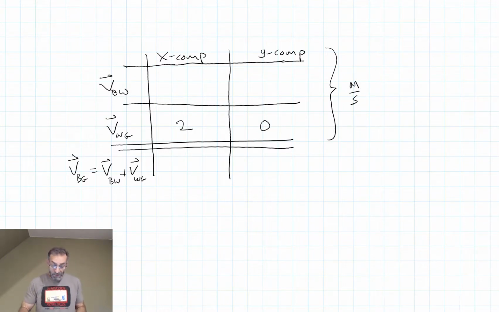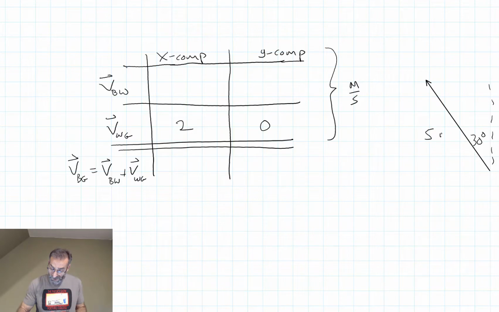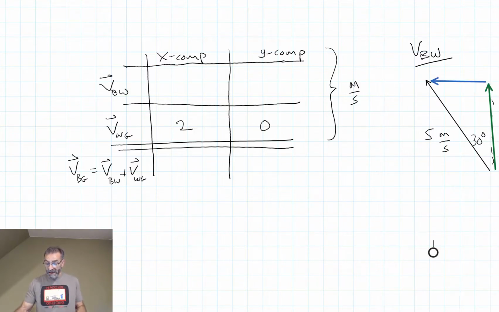Now, my boat is traveling in this direction. This would be a 30-degree angle, so I can break that up. It's traveling at 5 meters per second in that direction. This is the velocity of the boat with respect to the water. And I want to break that up into an x component and a y component. So there's going to be a y component like this, and an x component that points to the left.